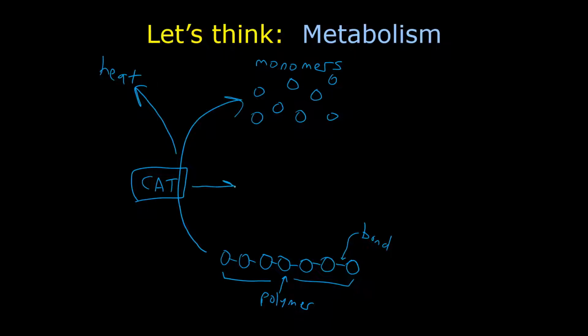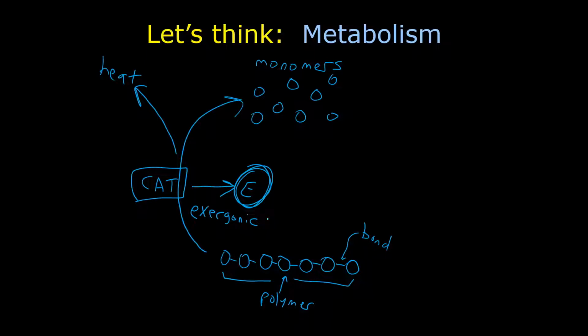More importantly to us, perhaps, is that when we break bonds, we're going to find out we liberate energy. And I'll just draw energy as a big circle E right now until we need to get more into it. But there's the catabolic process. We're breaking polymers into monomers and retrieving a little bit of energy from that. And now if we liberate the energy here, the word is exergonic.